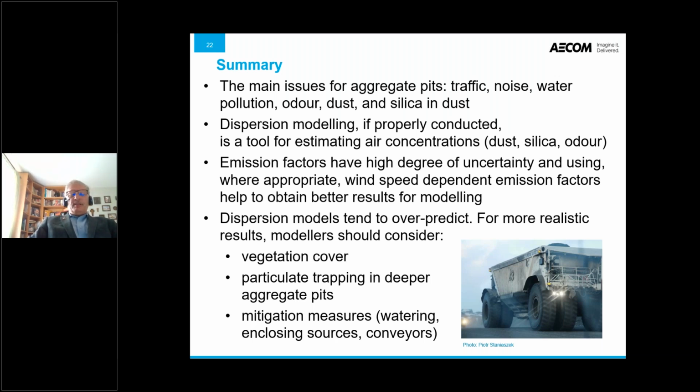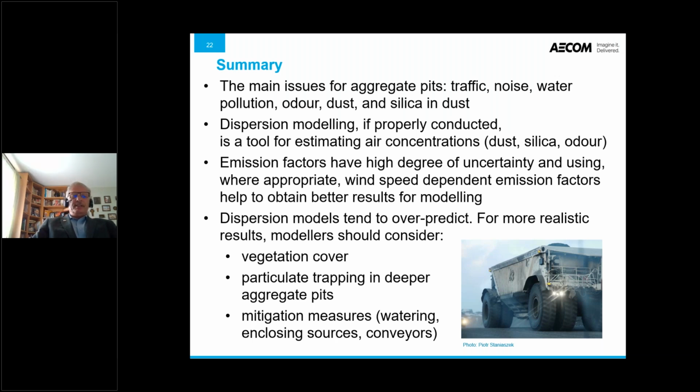Or use appropriate approaches to the parameterization of the sources, like this long gravel road. It was too long. If you make it in smaller pieces, it will give a much better prediction. Dispersion models tend to overpredict. They are designed to overpredict because they want conservative models, conservative approaches, everything conservative.